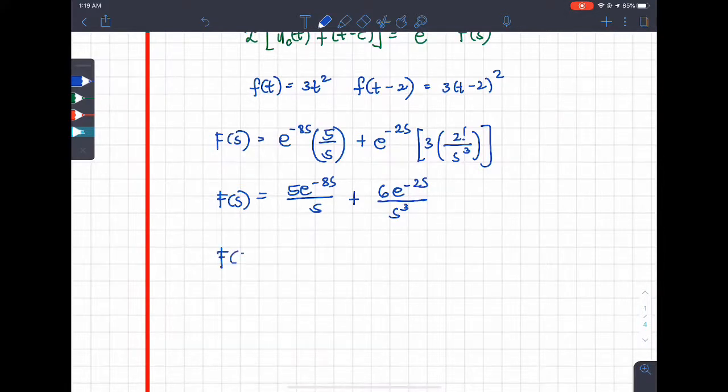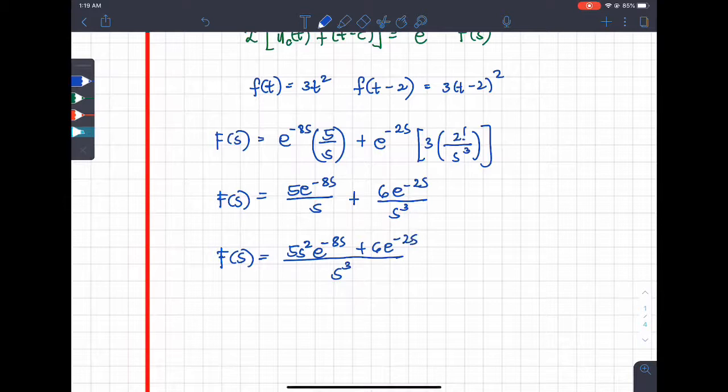Or our F of s would be equivalent to, over s cubed, 5 s squared e raised to negative 8s plus 6 e raised to negative 2s. That comprises our final answer.